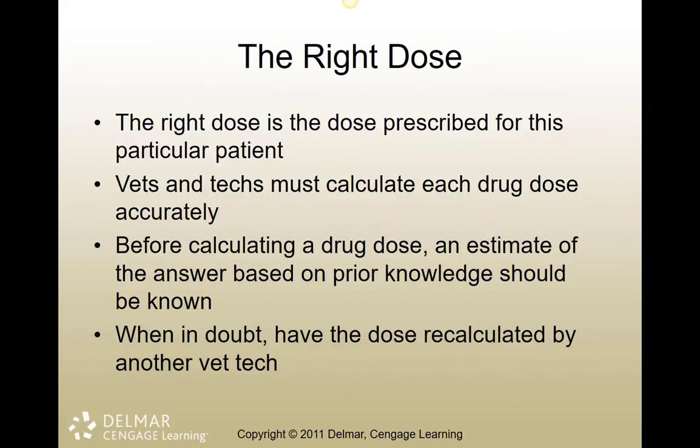Right dose is making sure that the dose prescribed for the particular patient is the right amount. Both the veterinarian and the technician should calculate each drug dose accurately. A lot of times when you're calculating drug dosages, when you do these a lot, you're usually pretty good about knowing the drugs and about how much it's going to be.